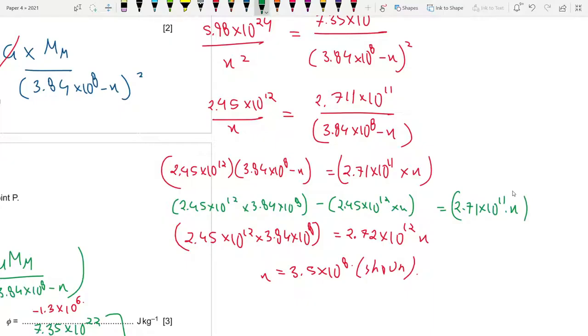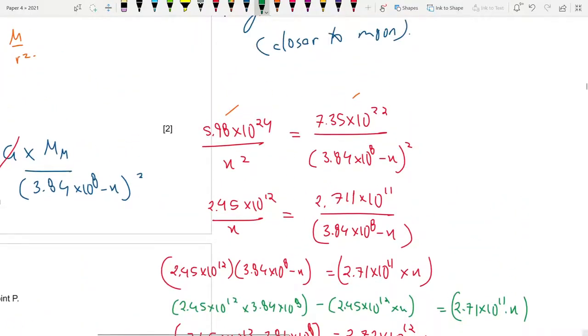If you add up 2.71 into 10 power 11 plus 2.45 into 10 power 12, we end up with 2.721 into 10 power 12, this value over here. Now if you divide 2.45 into 10 power 12 into 3.84 into 10 to the power 8 by this answer, you're going to get 345755237.